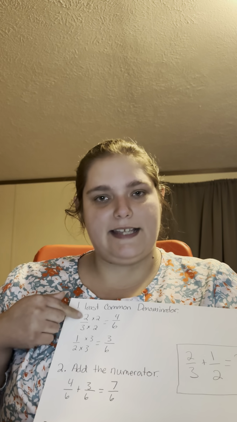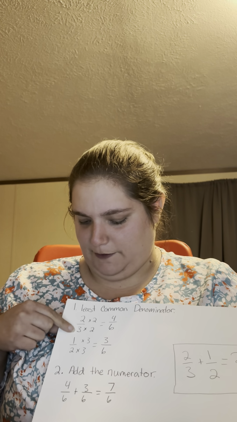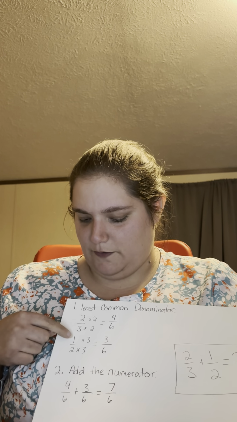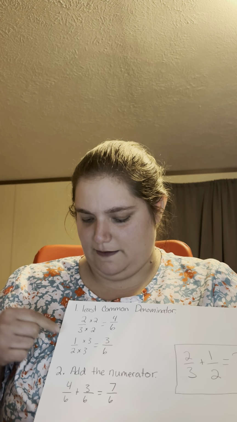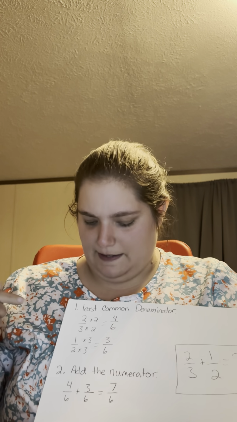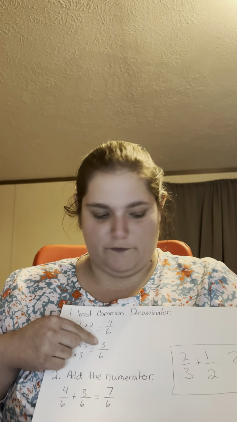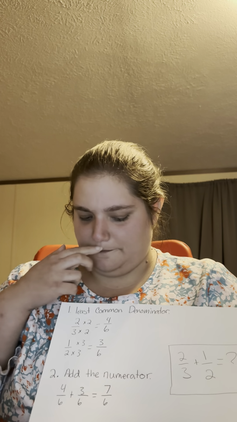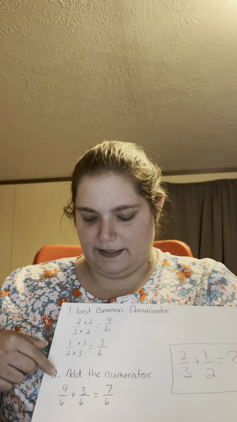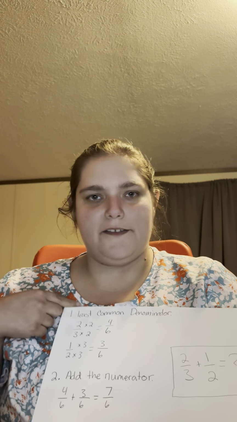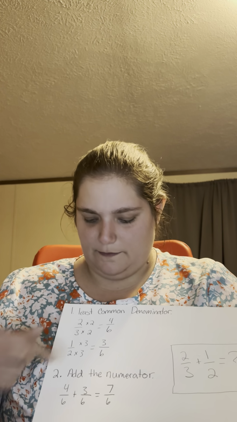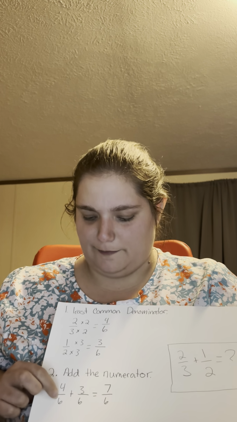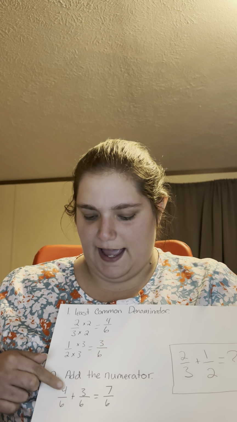Then we would do the same, only using this number. It would be 1 times 3 equals 3, and 2 times 3 equals 6. So our new second fraction would be 3/6. Now that we have the same number in the denominator, our least common denominator of 6, we can add.